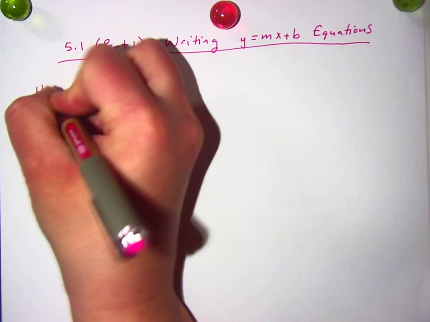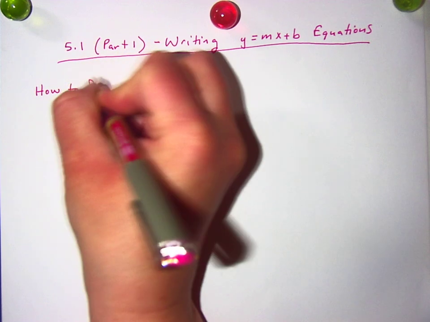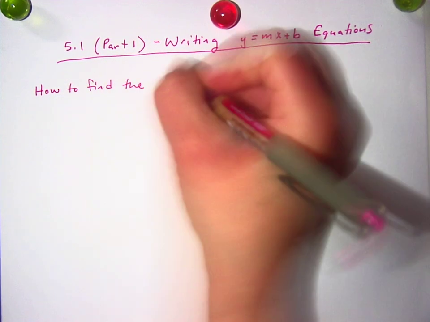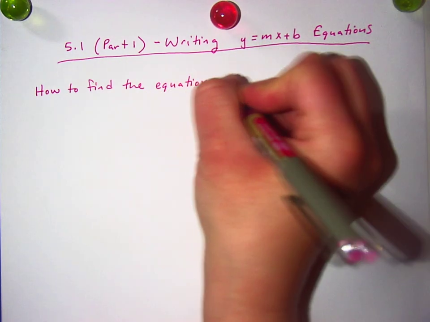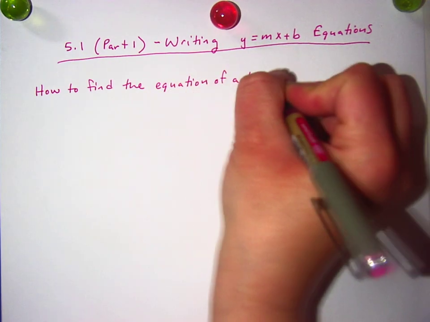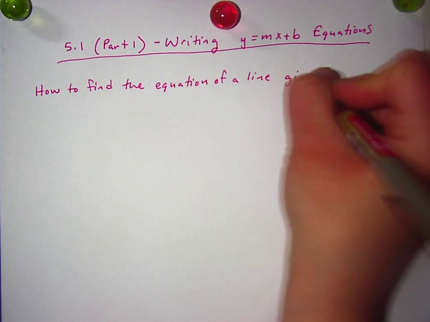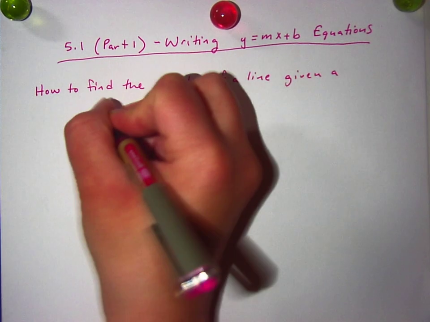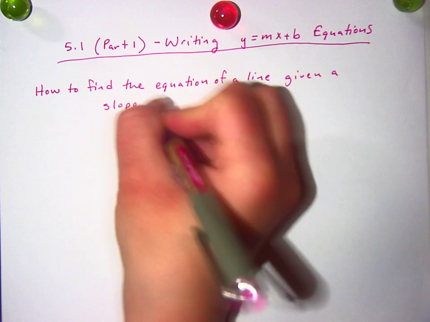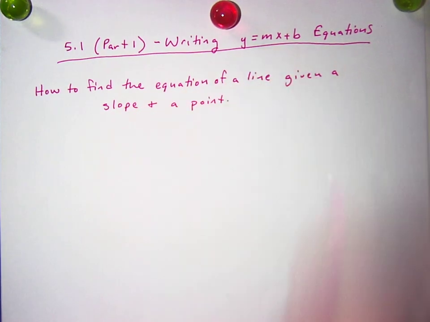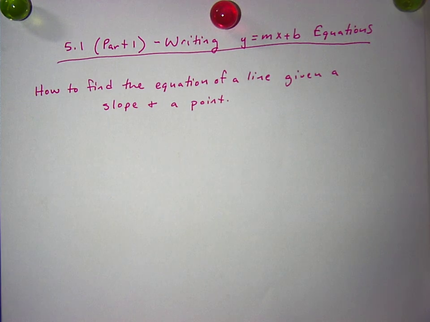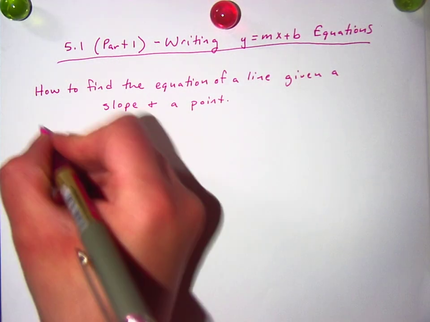So this is how to find the equation of a line given a slope and a point. And not the y-intercept, but a different point.